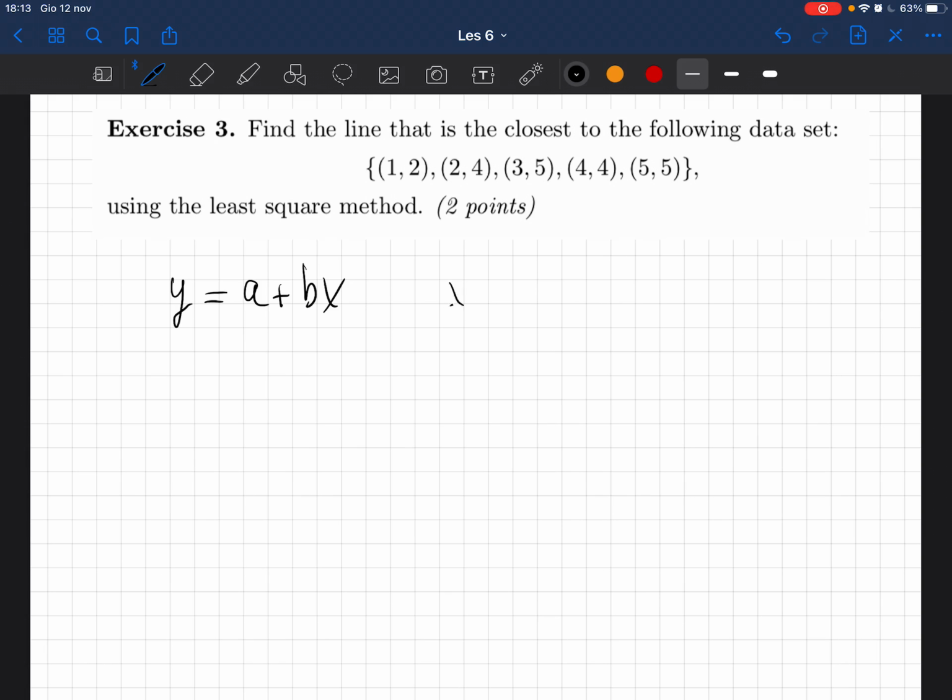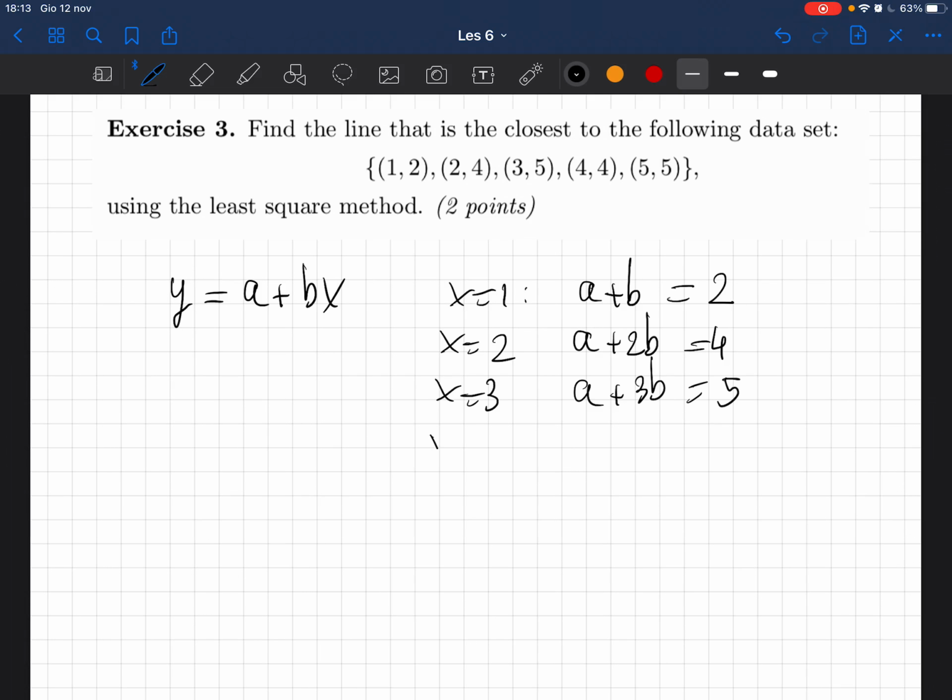If x is equal to 1, then a plus b has to be equal to 2. If x is equal to 2, then a plus 2b has to be equal to 4. X equal to 3, a plus 3b has to be equal to 5.